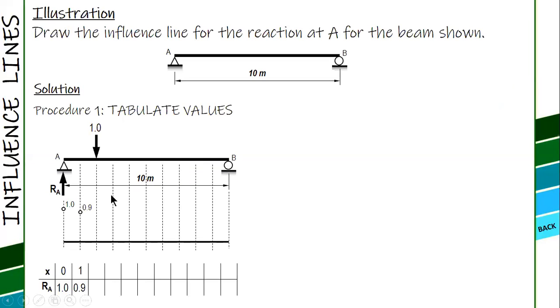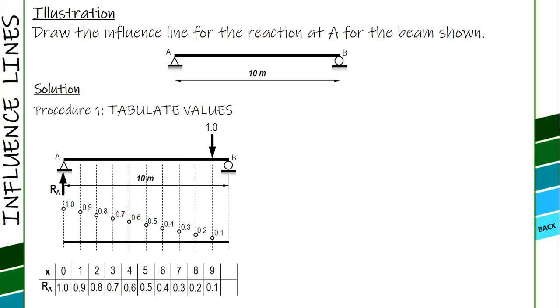And then move x equals 2, and use statics again. Sum moment at B, and you have RA equal to 0.8. Plot it. You do the same until you reach point B. So at B, x is equal to 10.